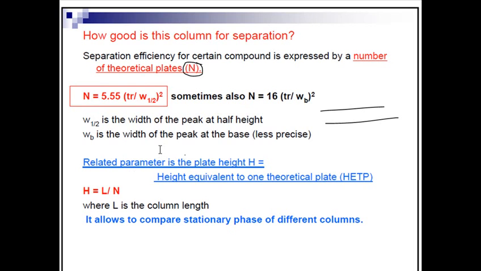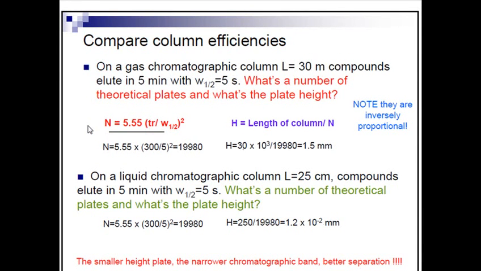If we compare two different columns, H equals the length of the column divided by the number of theoretical plates, N. So this is the formula: H equals L by N.